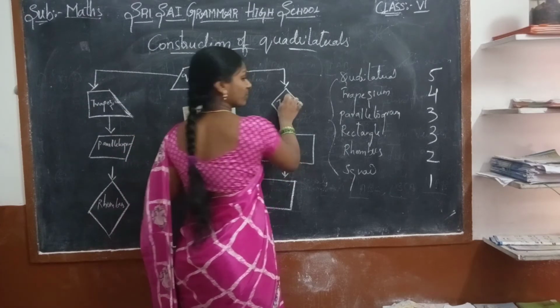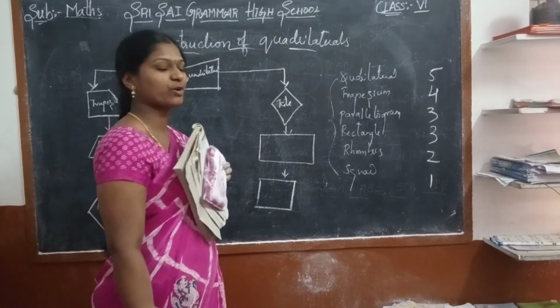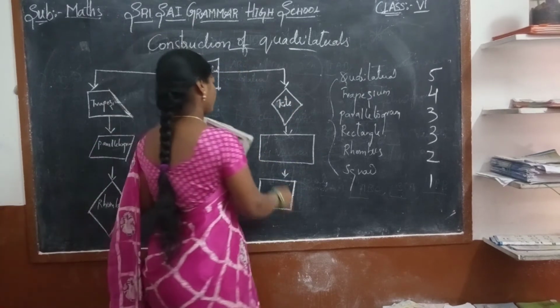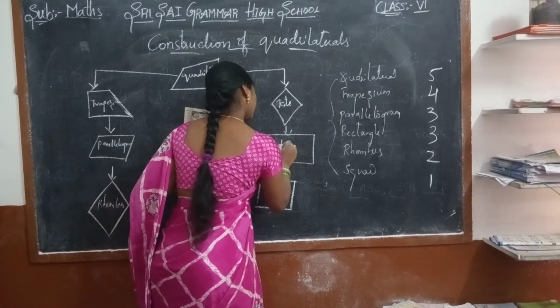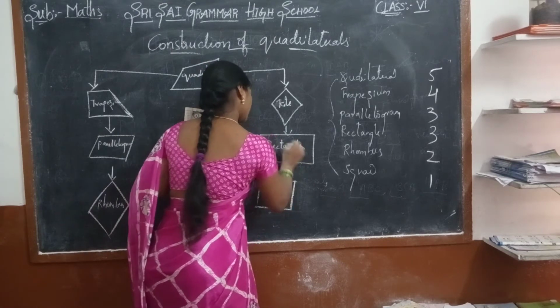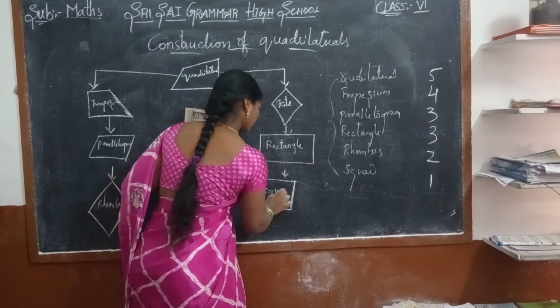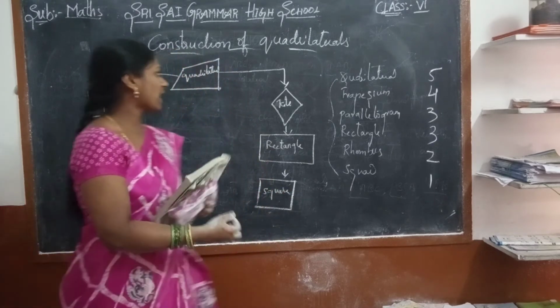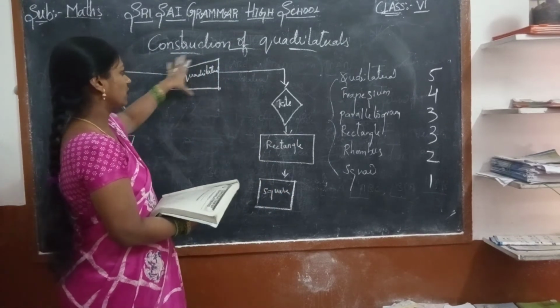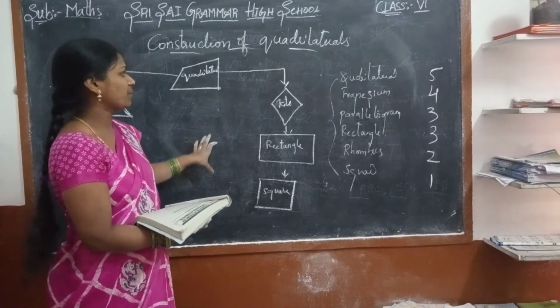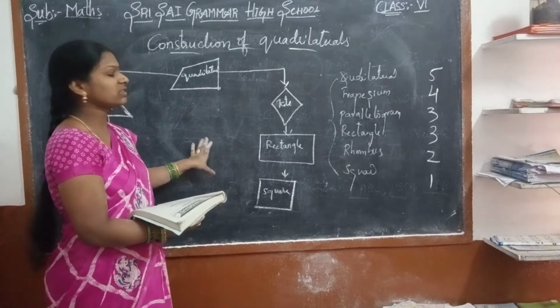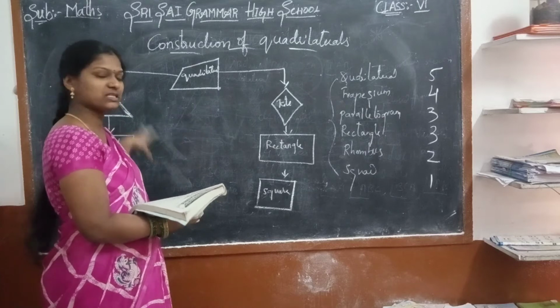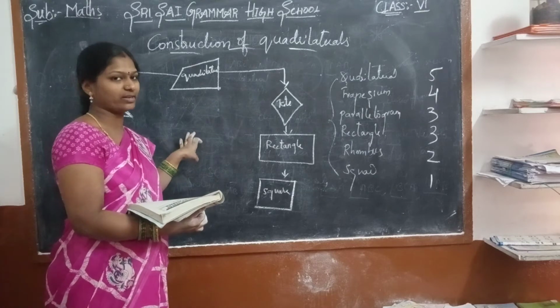This is also a rhombus, but a rhombus can also be in the shape of a kite. Yes, this is a rectangle. This is a square. Now, these are the types of quadrilaterals present. In this chapter, we are going to construct these types of quadrilaterals.